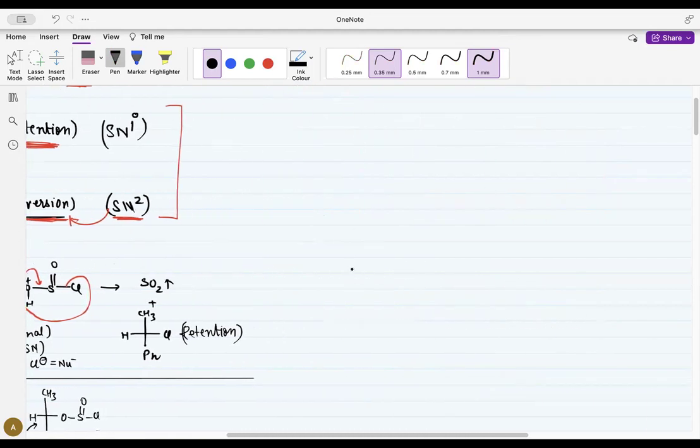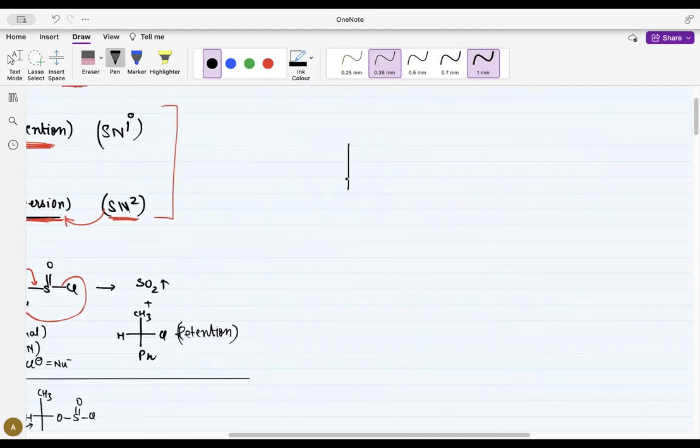See here, let's say I am drawing this again. Let's say I have here CH3, here I have H, here OH and here I have phenyl.